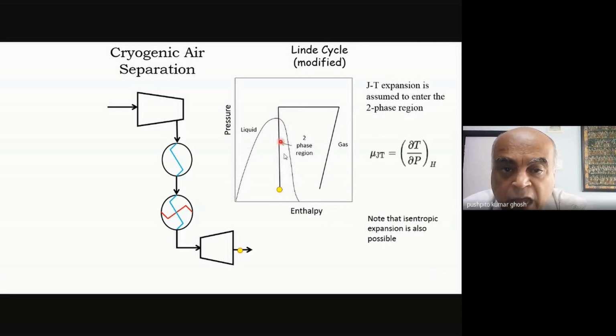I have now lowered my pressure because I did an expansion. And because of the liquefaction that took place, it cooled. So effectively, I entered the 2-phase region. This is, of course, the 2-phase as we are showing it, but actually this is the composite point. But actually, it will just distribute between a liquid phase and a vapor phase.